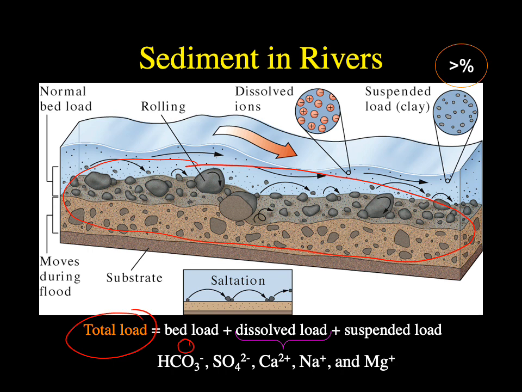Bed load means the sediment that a river is carrying along its bottom, along its bed. This is the coarse-grained, real heavy stuff that you can't pick up and suspend in the water. Instead, you're rolling it along the floor, pushing it, and it's slowly being crept along the bed this way.